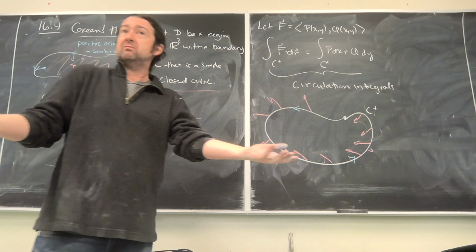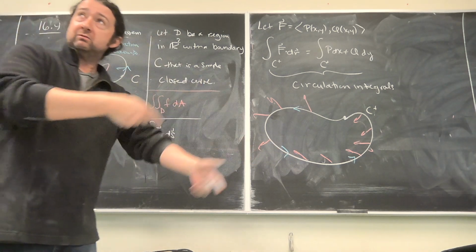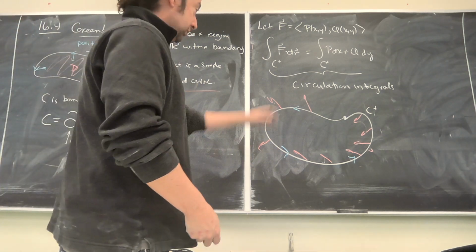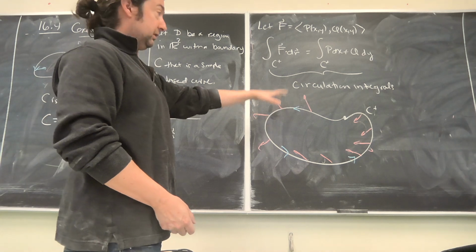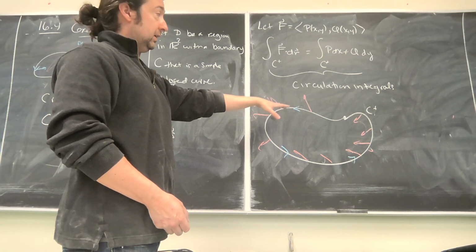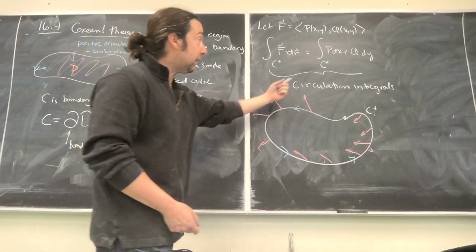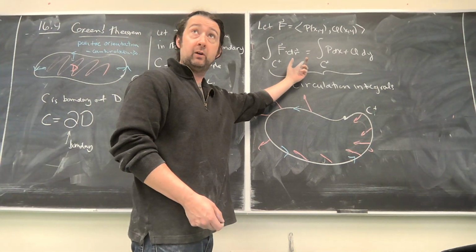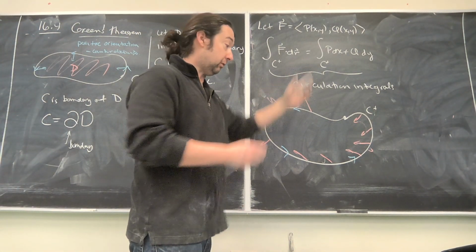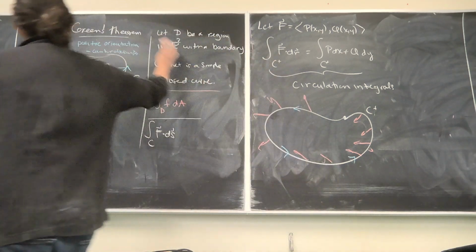Fluids compress. Things rotate. So circulation integrals show up in the study of vector fields all the time. And the insight that Green had, motivated by wanting to study circulation integrals, was that he noticed the following theorem.